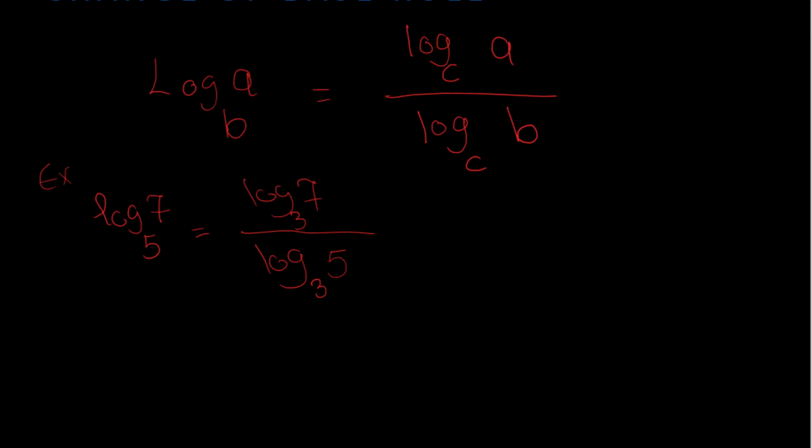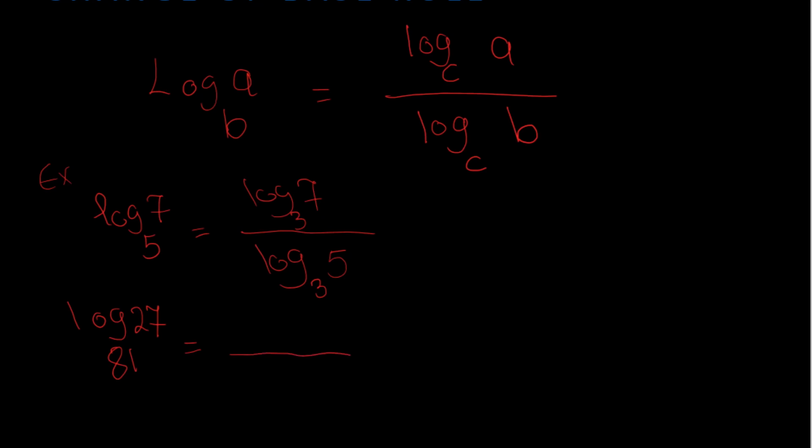So for example, if I have log base 81 of 27, as I see here, 27 is a result of an exponent of 3, and 81 is the same, or for example 9.